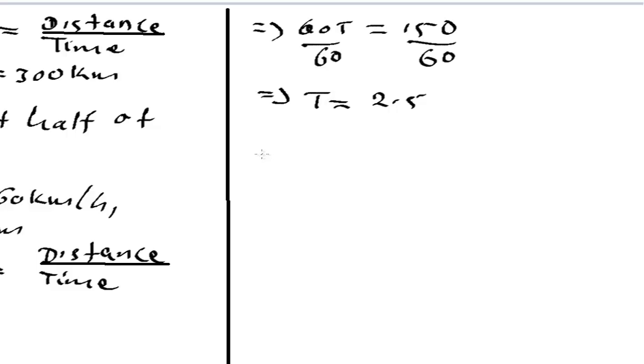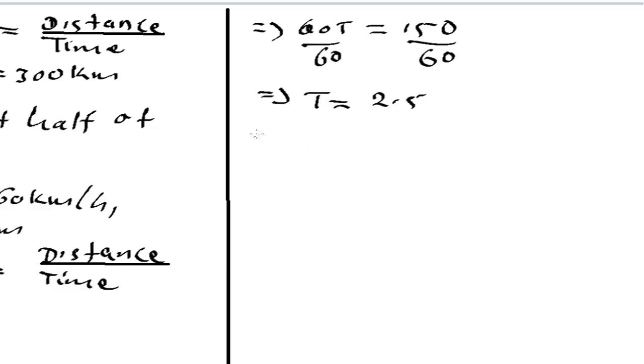Once the speed has increased and the distance remains the same, 150 for first half, 150 for second half, it means that your time will decrease. So if you solve for T2 and it is bigger than 2.5, then probably you made a mistake somewhere and you need to go back and verify your calculations, because your time will definitely be less than 2.5, right?